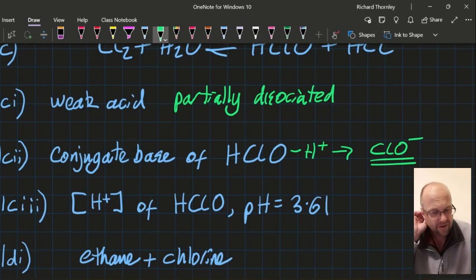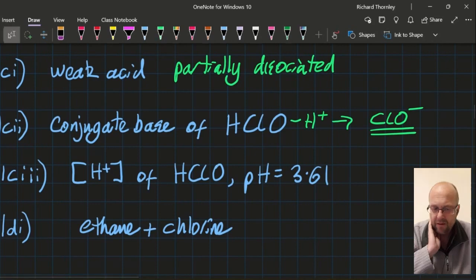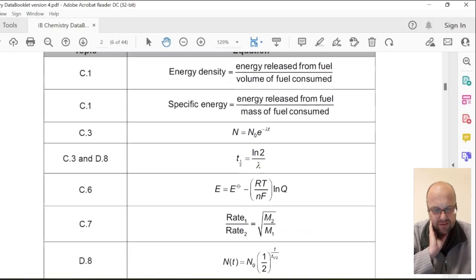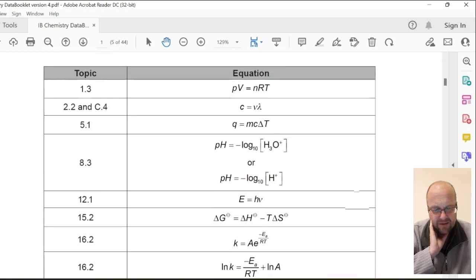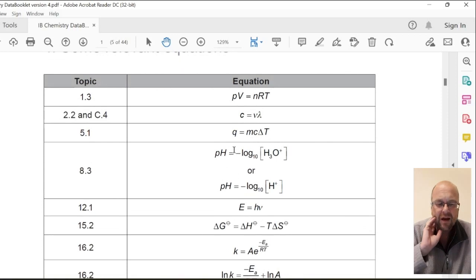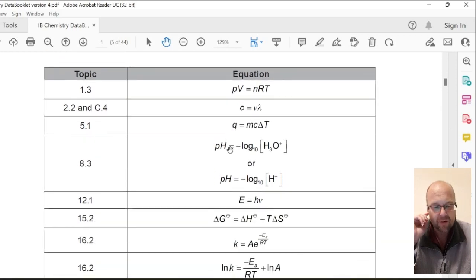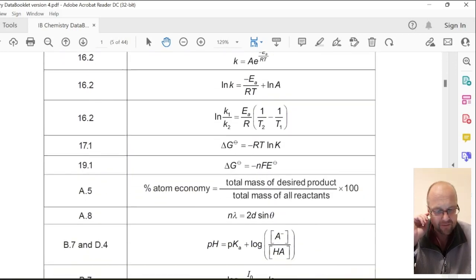It's the concentration of H+. You might need to use the data booklet. It's not particularly helpful here. Topic 8 or 18. Yeah. You need H+, but H+ is kind of locked in on the wrong side of that equation, so you're going to need the opposite equation to this one. We can do that.